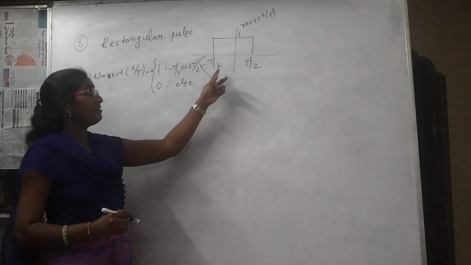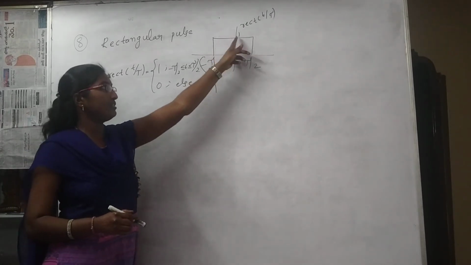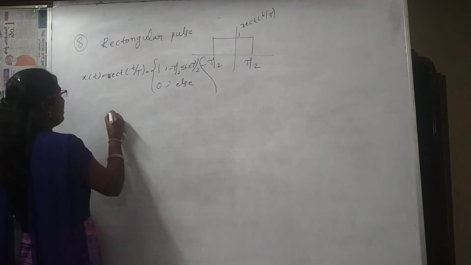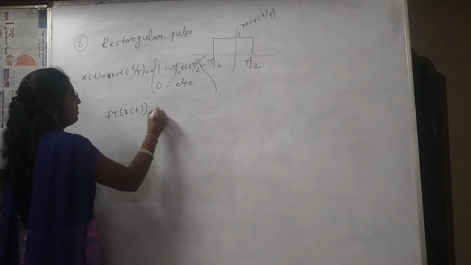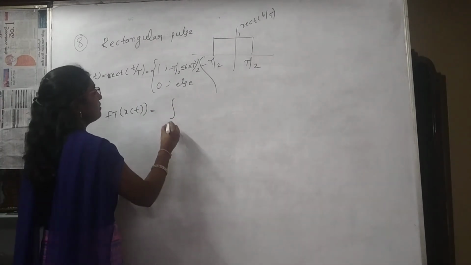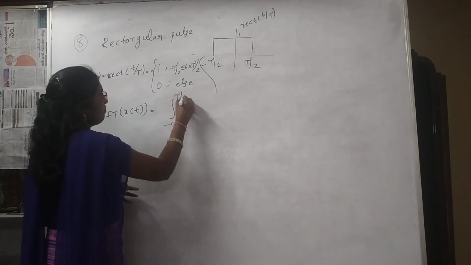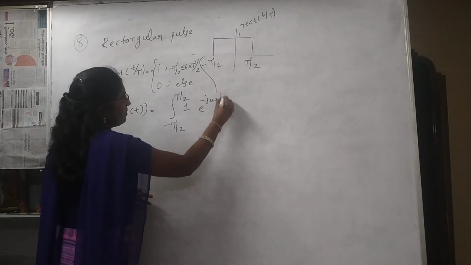This rectangular function is over the period minus tau by 2 to tau by 2, and the amplitude is 1. For that we have to find the Fourier transform. The formula is the integration from minus infinity to infinity; the function exists only between minus tau by 2 and tau by 2 with amplitude 1, e power minus j omega t dt.